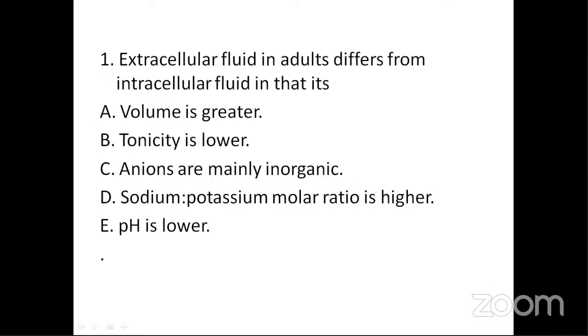Around 30 to 40 is the ratio, while the intracellular ratio is about 1 to 10. Then E, pH is lower. It is false because intracellular pH is lower due to cellular metabolism. So C and D are true.